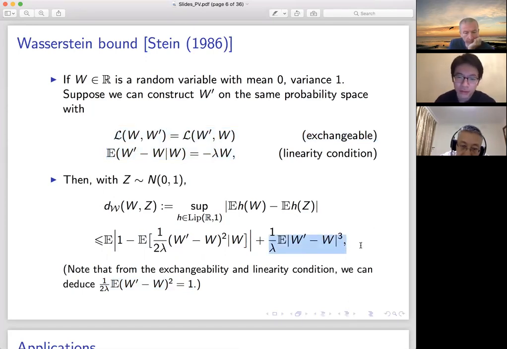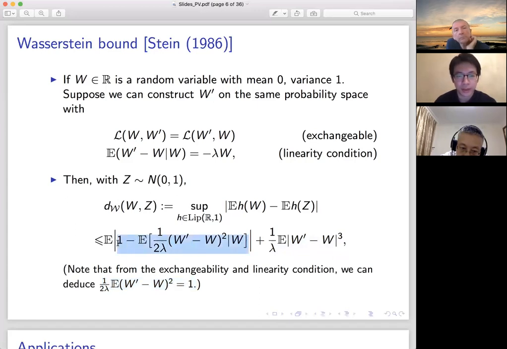Then we first look at the second term in the upper bound. Because the square cancels with lambda, roughly it's of order W prime minus W. For this bound to be small, usually we construct this exchangeable pair so that W prime is just a small perturbation of W. For the first term, note that this conditional expectation has expectation exactly equal to 1 because of this result.